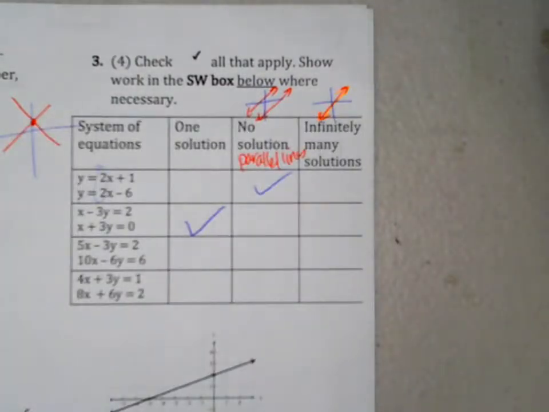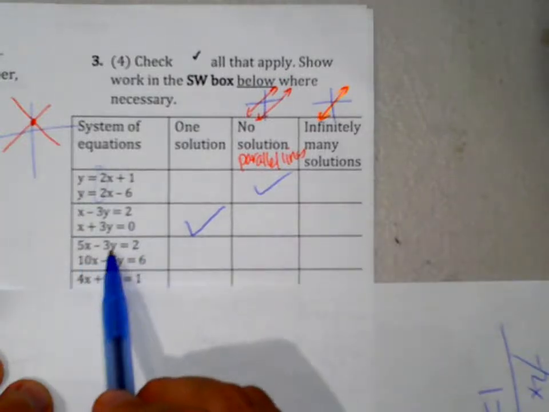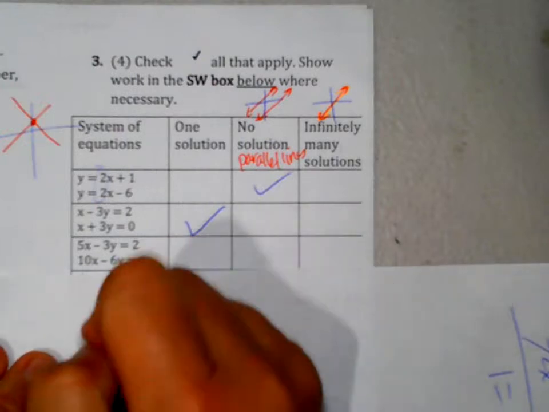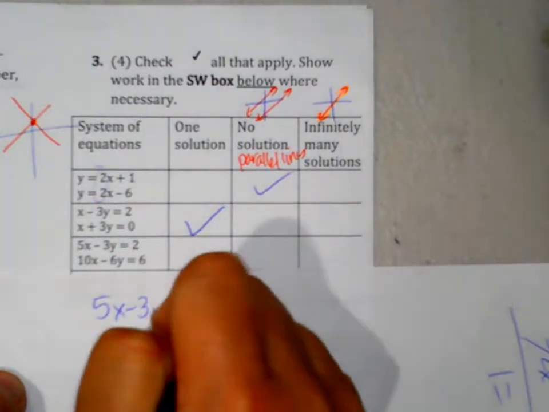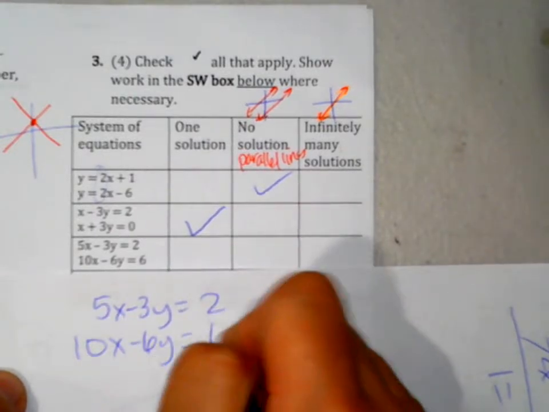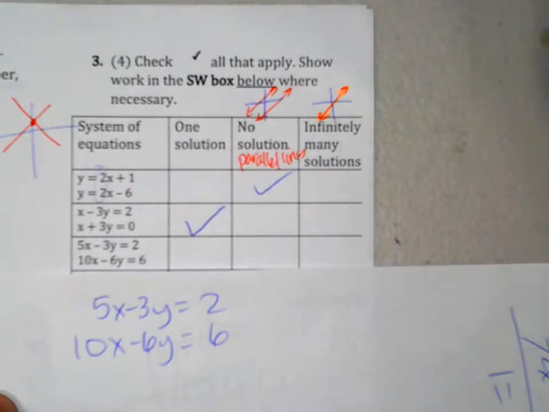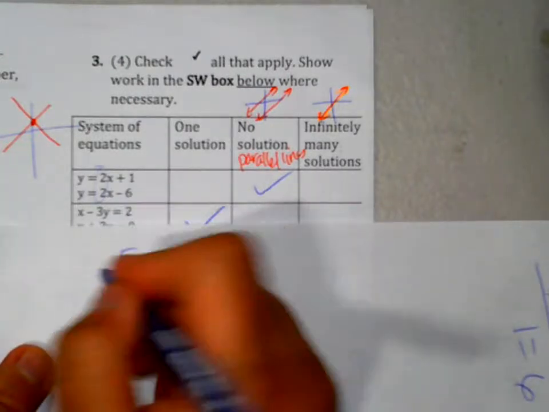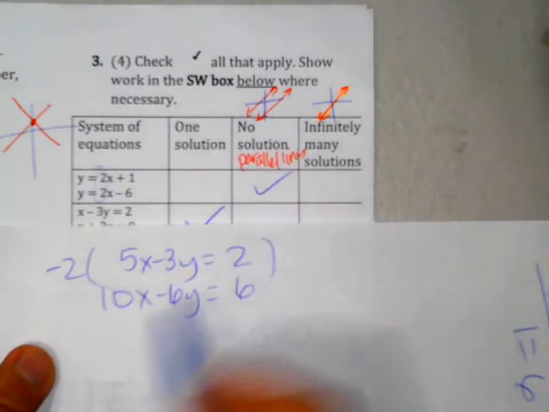Let's try this next one. Okay. I've got 5x minus 3y equals 2, 10x minus 6y equals 6. So let me write this out here so you guys can see it. Some of you guys are going to see it quicker than others. All right. So to do this problem, I'm going to try and eliminate. And to eliminate, I'm going to multiply the top by negative 2.